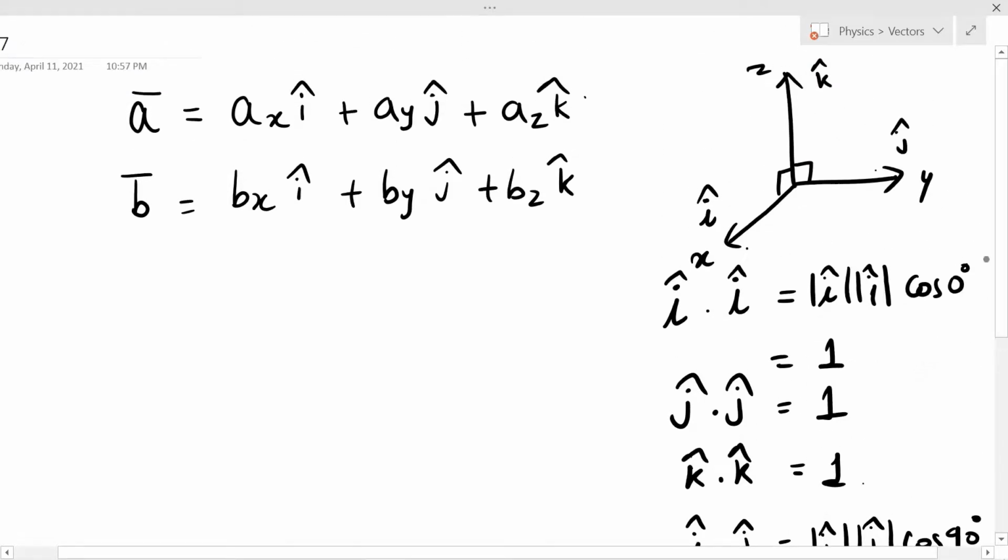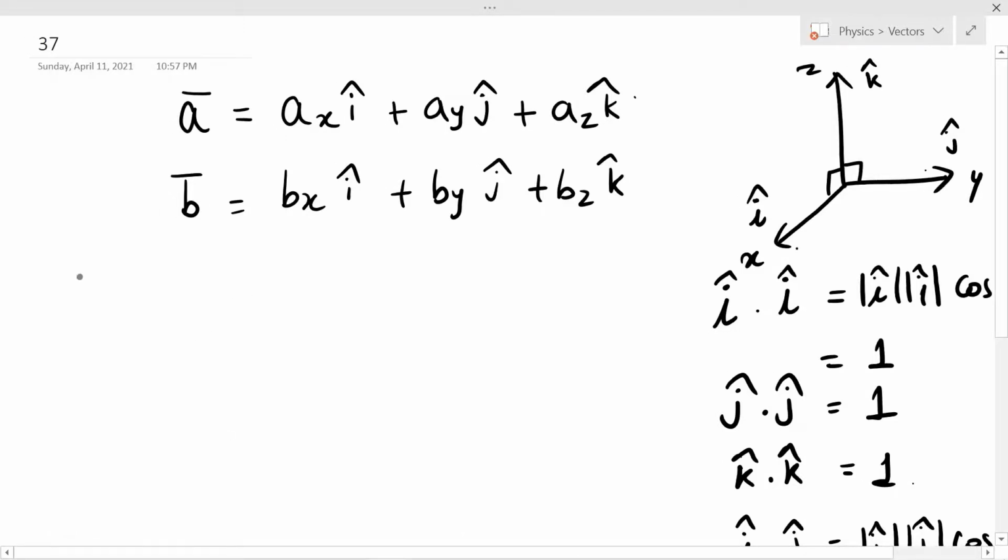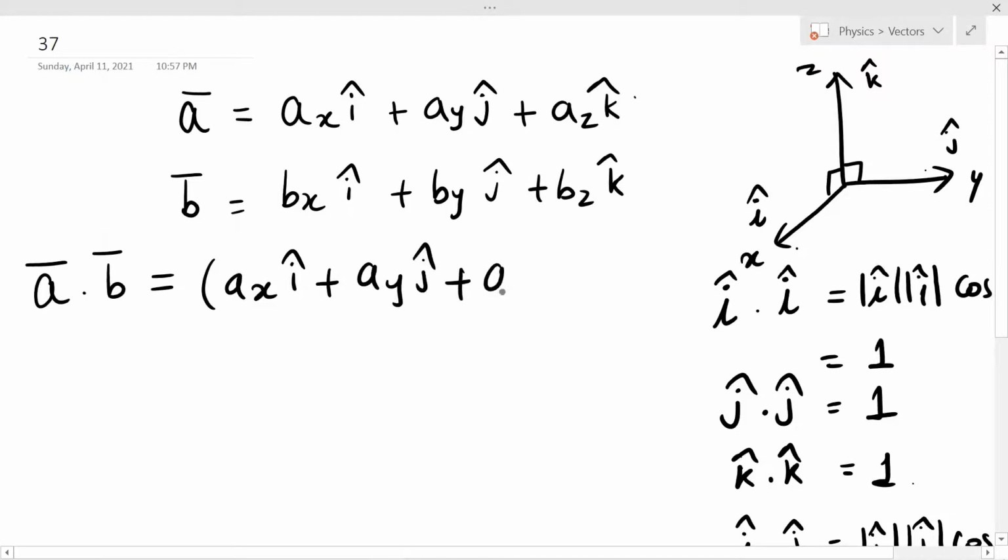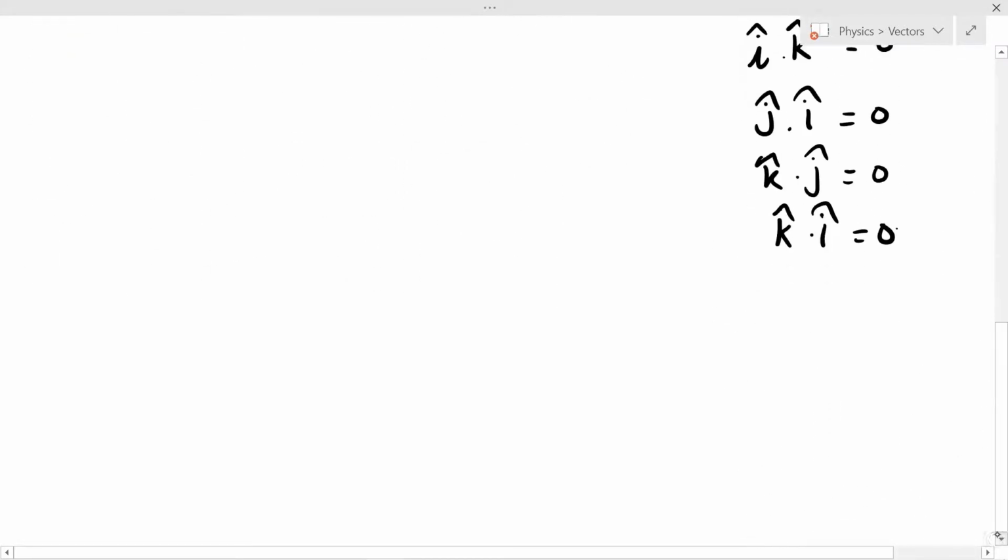So now let's calculate for the generalized vectors a bar and b bar. I will write the dot product like this: a bar dot b bar is equal to ax I cap plus ay j cap plus az k cap. Let me do it downwards so we have more space.